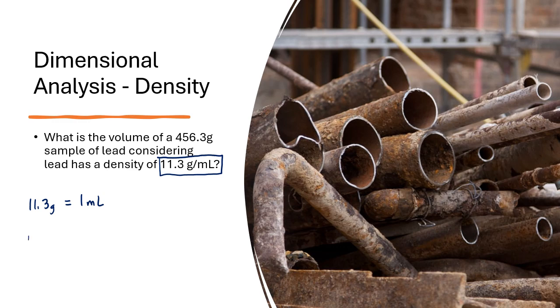We can say that 11.3 grams of lead is equal to 1 milliliter, or per 1 milliliter of lead, or 1 milliliter of lead per 11.3 grams of lead. Provided we keep all the numbers with the correct units, we can write them in either of those ways that would help us most. And so if I'm making this dimensional analysis, I will write out the number that I am given for the problem.